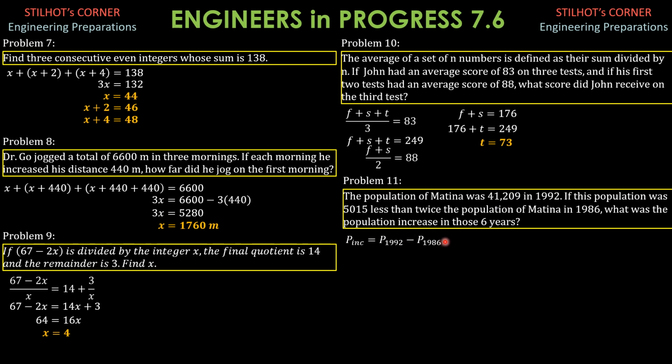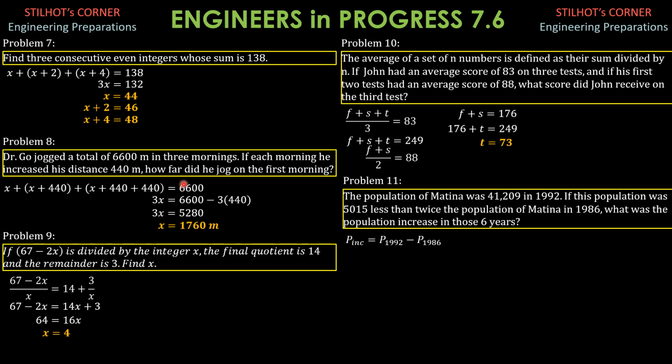So let's find this population in 1986 from this interpretation. "If this population was" means equals. 41,209 is equal to 5,015 less than twice the population of Matina in 1986. So this is interpreted as 2 times population in 1986 minus 5,015.